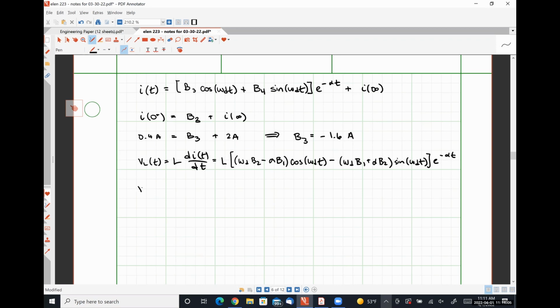And at t equals 0, this reduces to L times (omega_d B2 minus alpha B1).